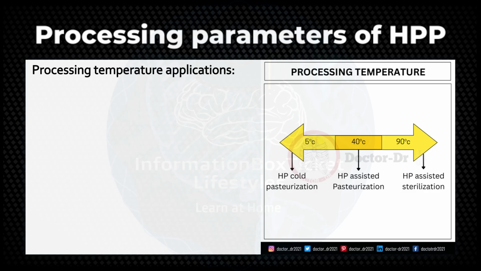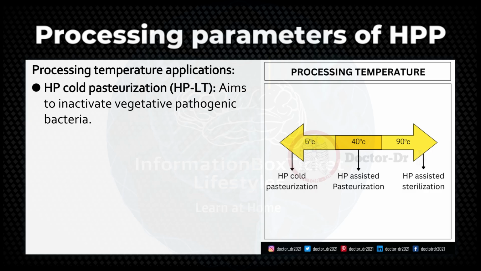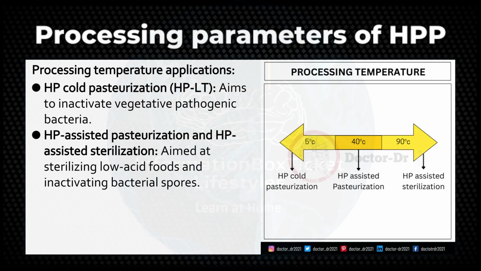Processing temperature applications. High-pressure cold pasteurization aims to inactivate vegetative pathogenic bacteria. High-pressure assisted pasteurization and high-pressure assisted sterilization, aimed at sterilizing low-acid foods and inactivating bacterial spores.